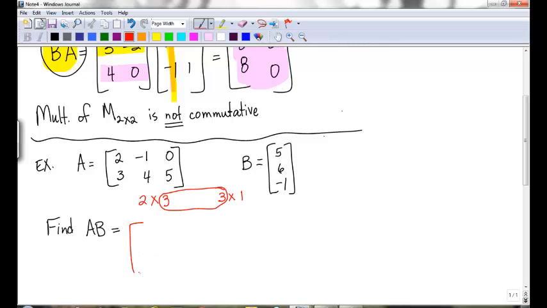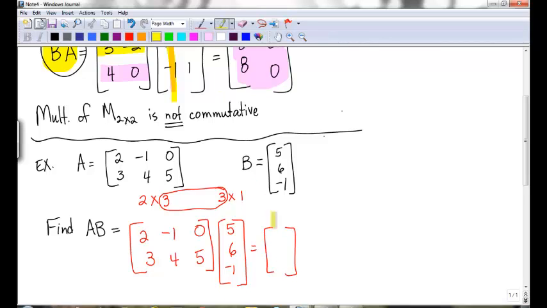So put them right beside each other. Write it down for your notebook. And I need a 2 by 1, that's 2 rows by 1 column. So here's what I'm trying to fill in.